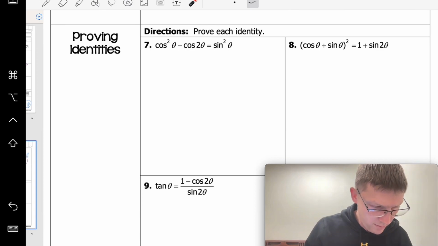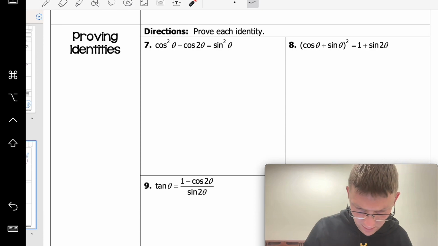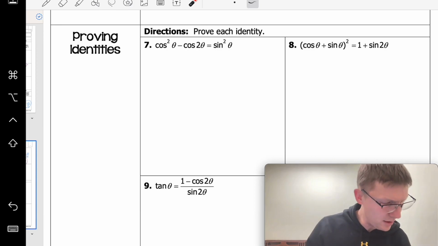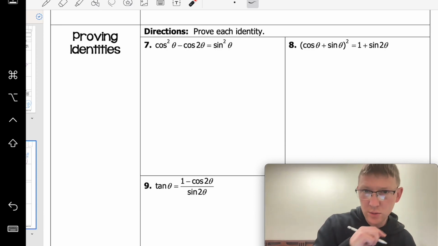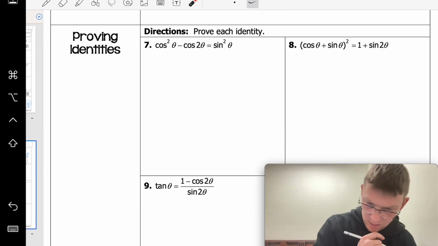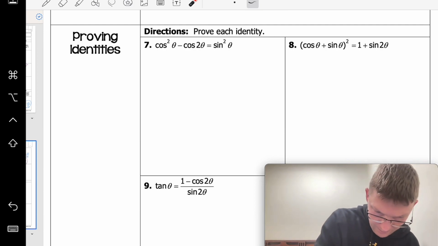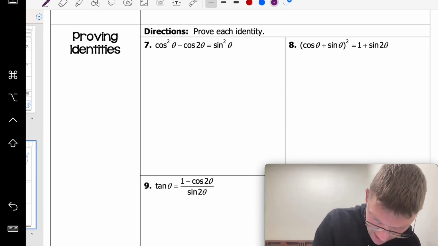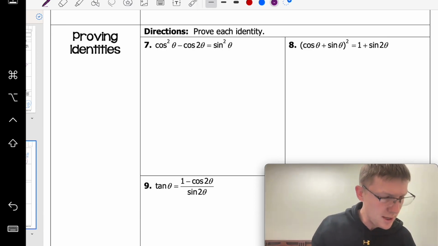I have a 1 minus 2 sine squared. Either one of those I think will get us where we need to go. But we are going to do my first initial reaction. Okay, so that means we're going to use cosine of 2 theta equals cosine squared minus sine squared.